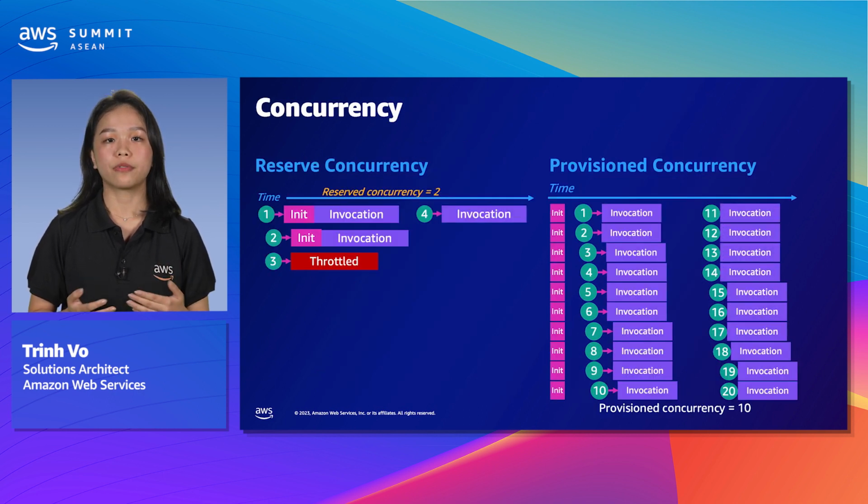There are two types of concurrency that you can provide with your Lambda functions. You can use reserved concurrency to allocate a maximum concurrency limit for a given function, a maximum number of requests a function can run in parallel. This reserves concurrency for a particular function from your account's quota. One use case for using reserved concurrency is to protect downstream resources.